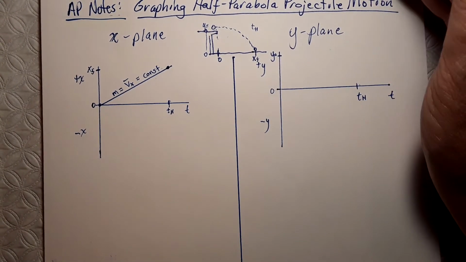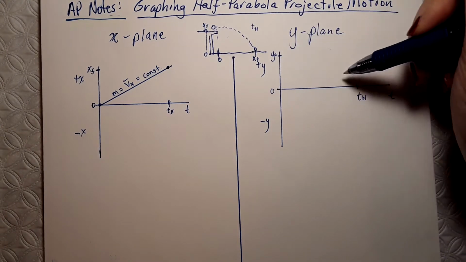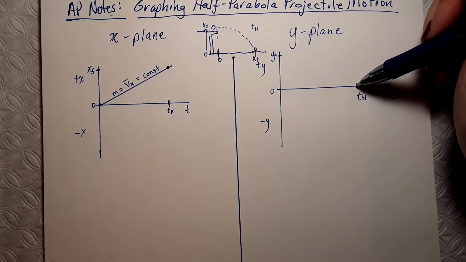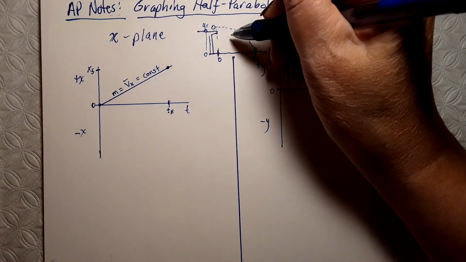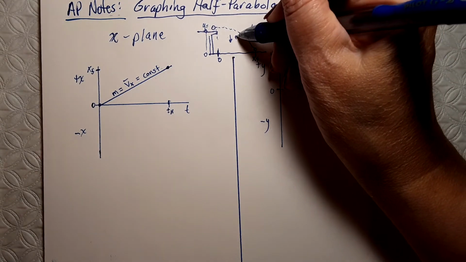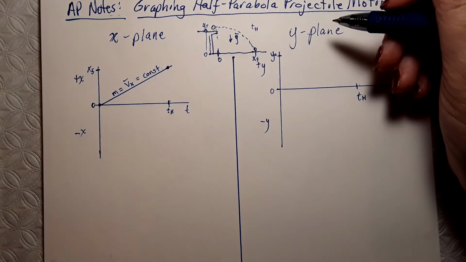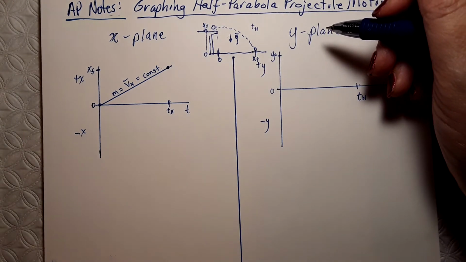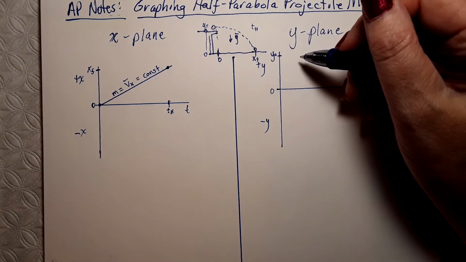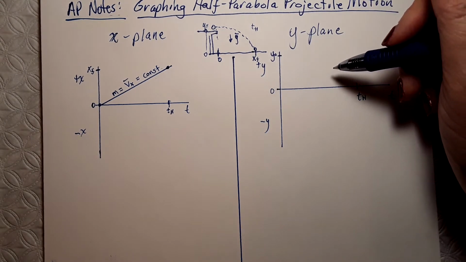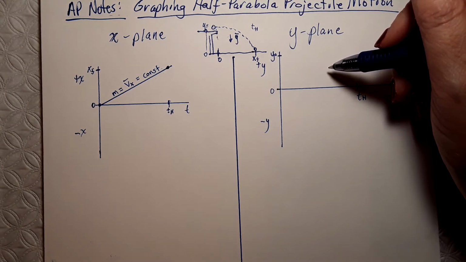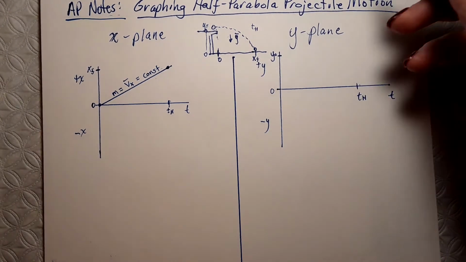Now here's the catch. We're not going to go from here to here along a straight line because a straight line slope means constant velocity. And we know that in the vertical plane, gravity affects the ball and it has the acceleration due to gravity, which points down. So it needs to have a negative slope to show that the velocity is increasing downward, but it also needs to be curved, increasing slope so that it shows we're accelerating.